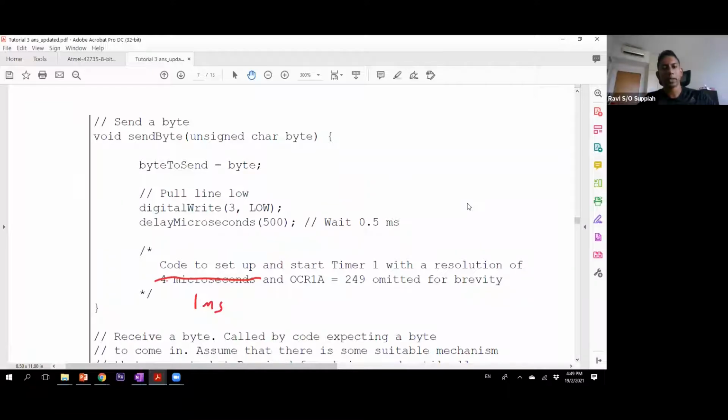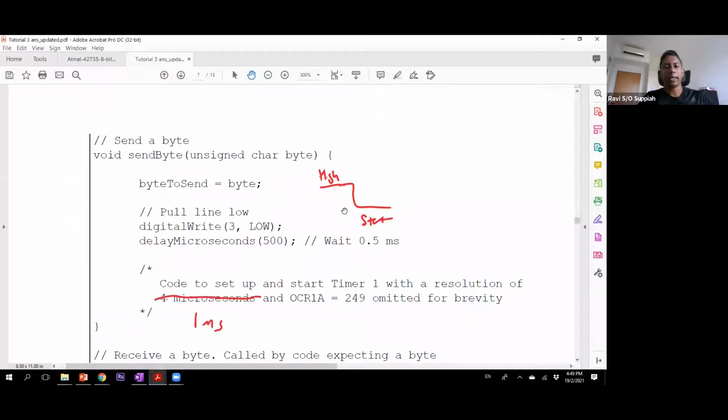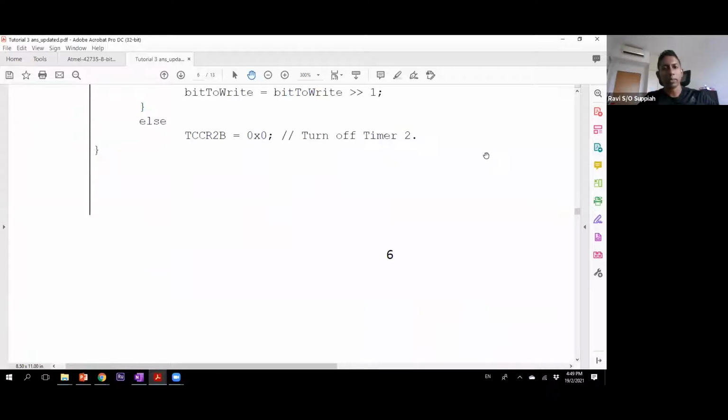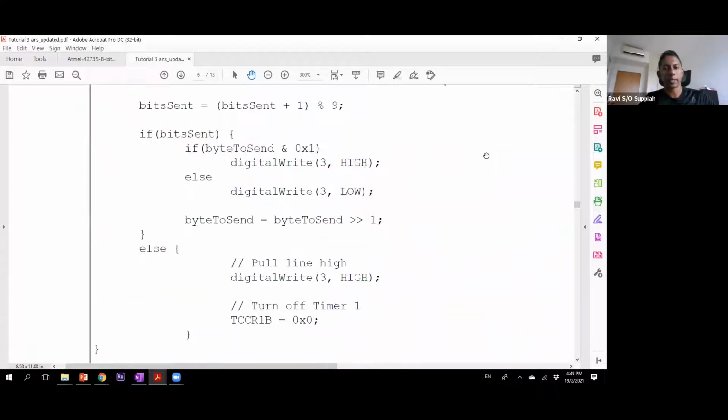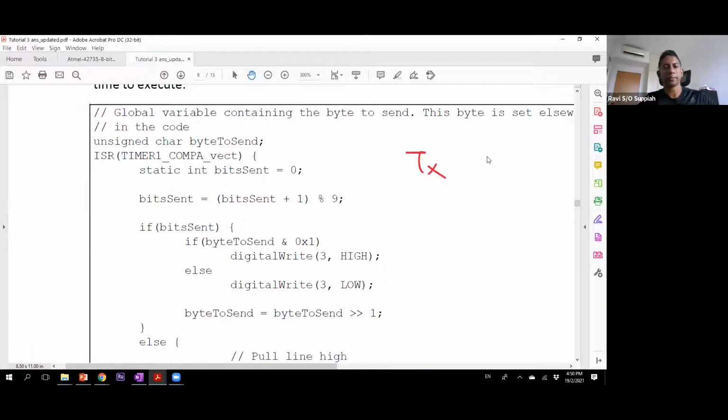This write low is basically to indicate there is a start, because by default the UART line is high, and then you put it low to indicate it's a start. So this is the start bit. After that you delay for 0.5 millisecond, and then every 1 millisecond you generate the timer 1 interrupt, which will send the data.